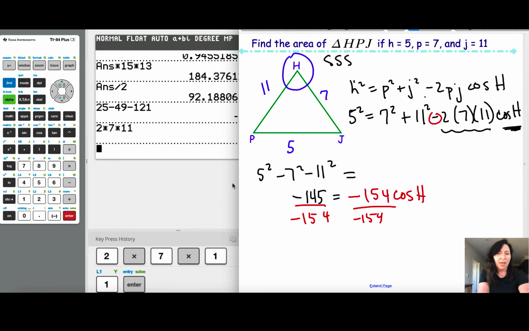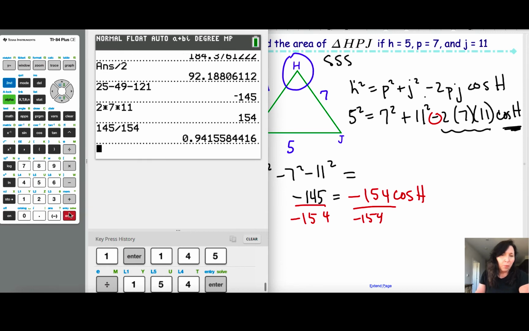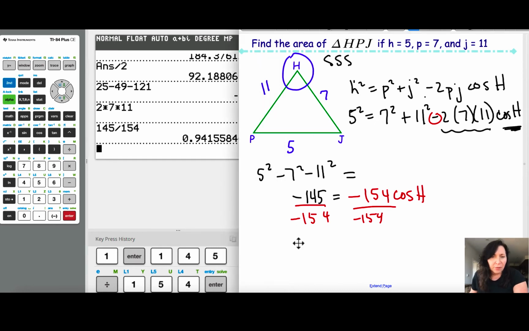And so negative divided by negative is positive. So I'm not going to bother with the negative signs. I am going to go 145 divided by 154, and I get 0.9416. So 0.9416 is about cosine of H.